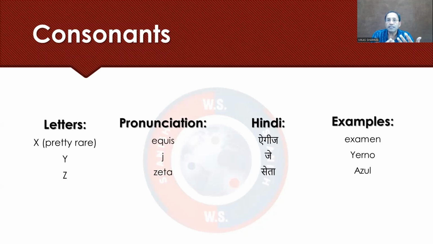I am deliberately going slow so that you master the basics of a language. Speed is not an issue. Speed will definitely come. But I want you to master the basics of the language. So the basic of the language is the alphabets.